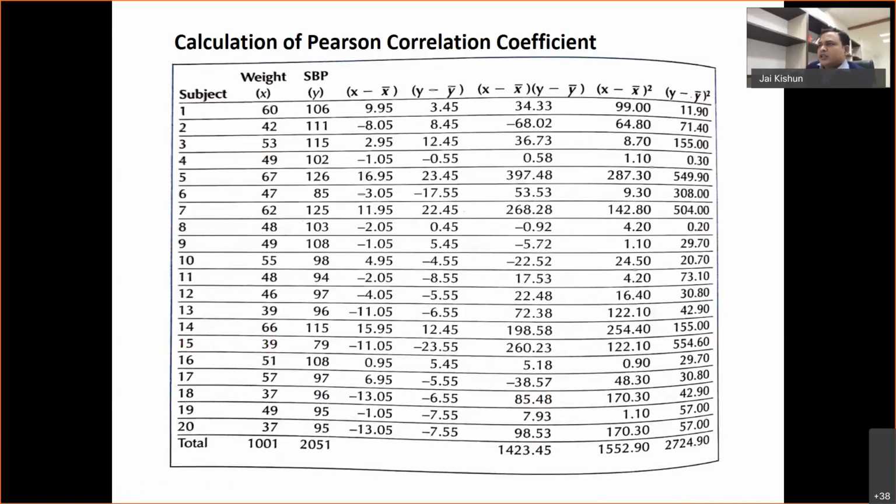This is the mathematical, or you can say manual, calculation method. This is also not required for you, because nowadays there are many software packages that calculate these values, so just leave that part.